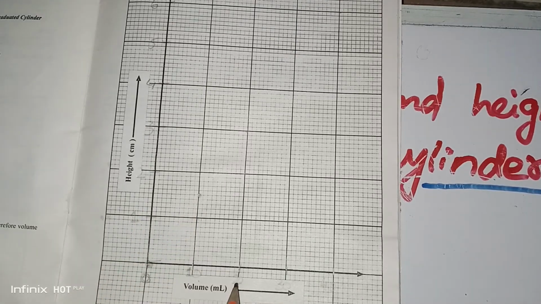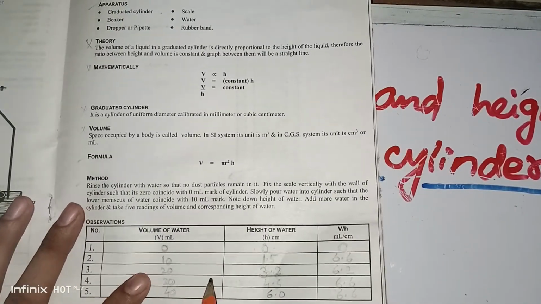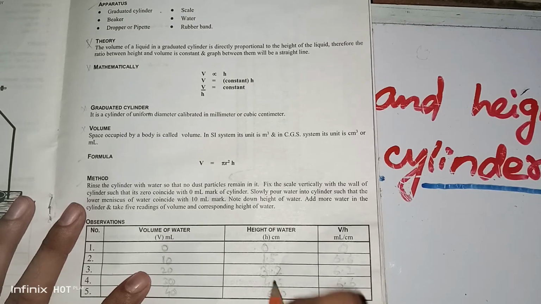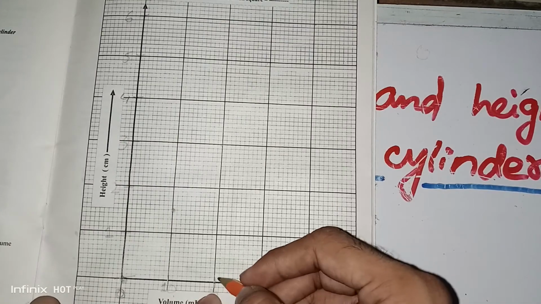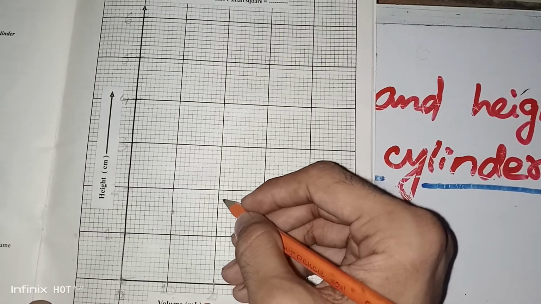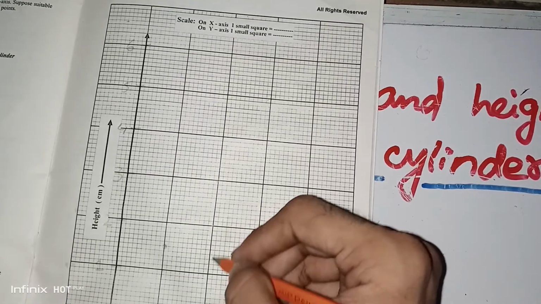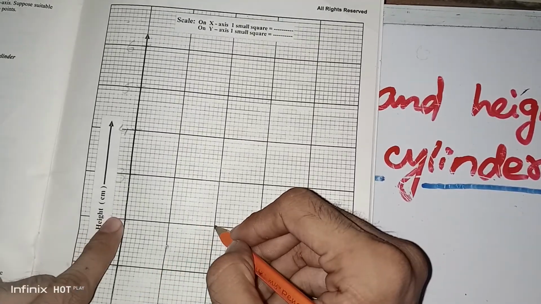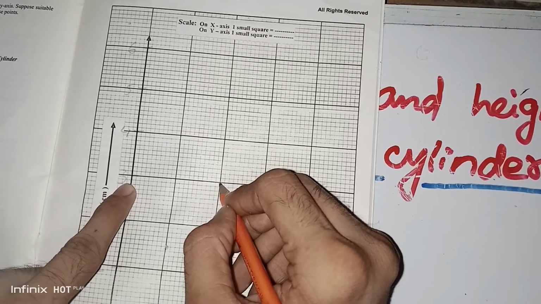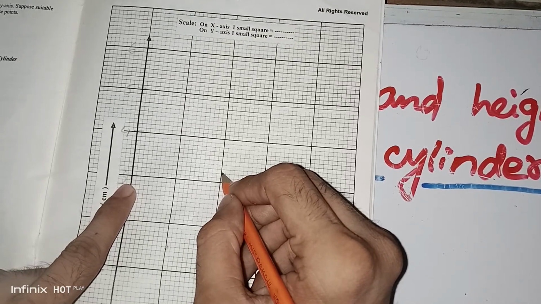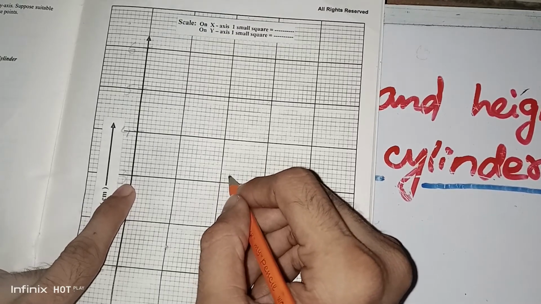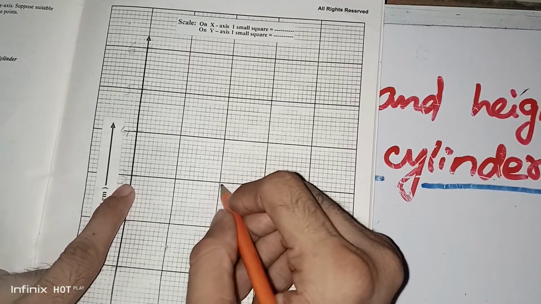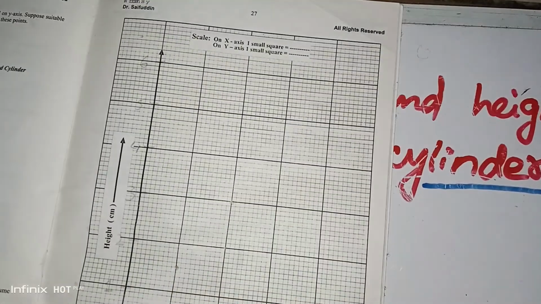Now let's come to 20 ml of water. For 20 ml of water, my height of water is 3.2. So I will plot my point in the line of 20 at 3.2. Here is 20 and this is 2, then 3, 3.1, 3.2.